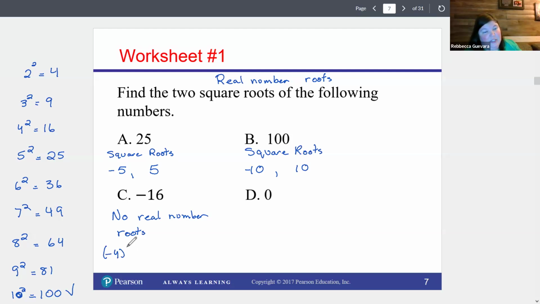If I take -4 and square it, I get positive 16. And if I take 4 and square it, I get 16. And 0 just has one square root, and that's always just going to be 0.